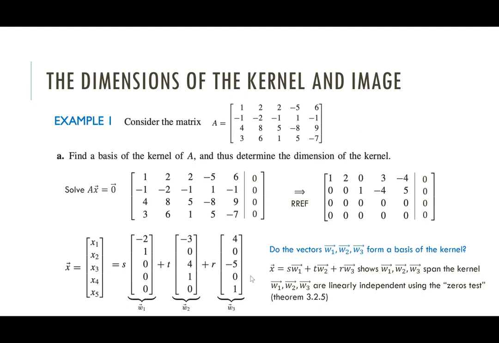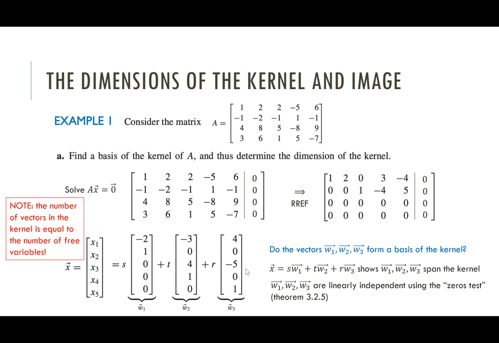And so let me draw just a couple general conclusions here. First off, whenever you solve for the kernel like this, the vectors you get are going to be a basis. So you always know that the dimension of your kernel is going to equal the number of free variables.